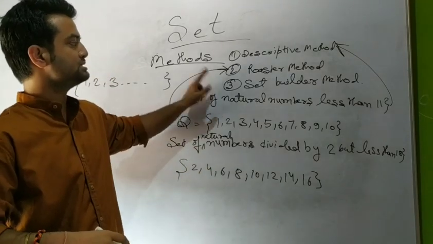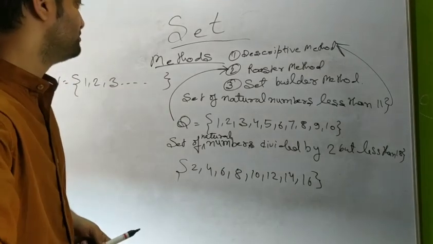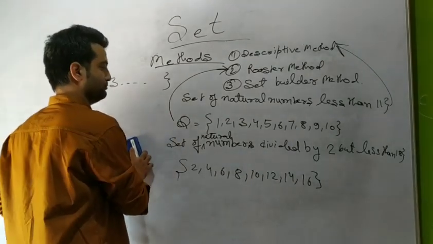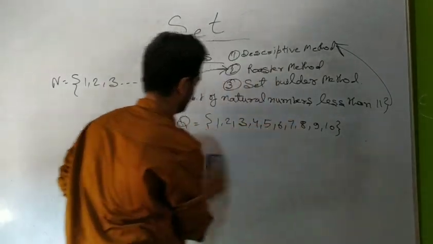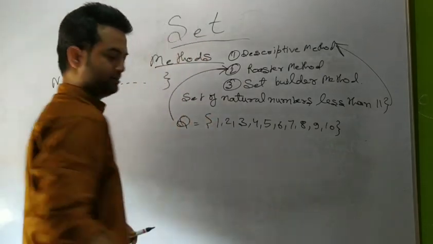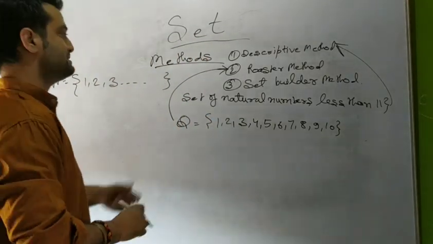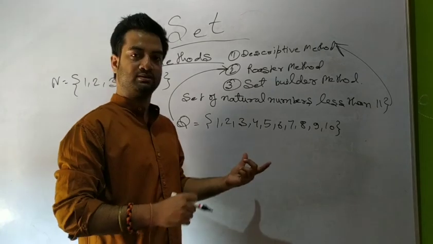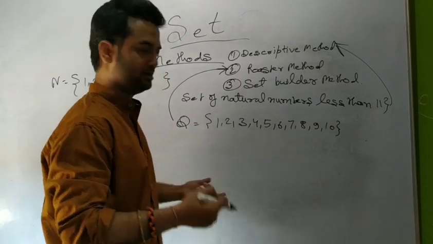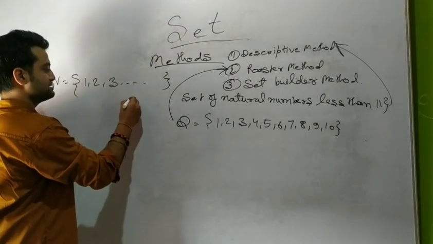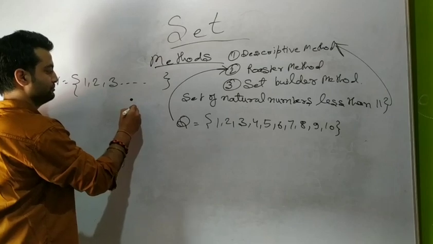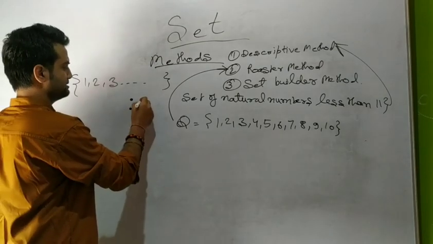Now we will talk about the set builder method. In the set builder method, we use some symbols. Firstly, you use the colon symbol. We call it "such that".